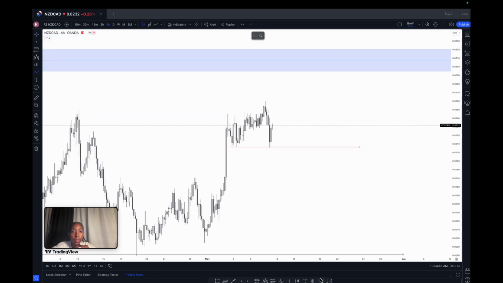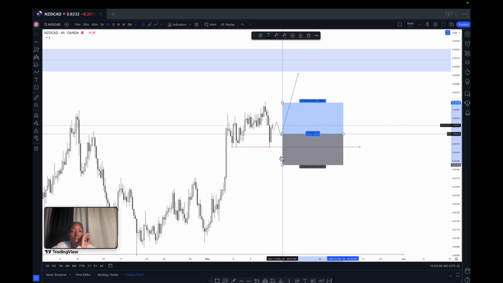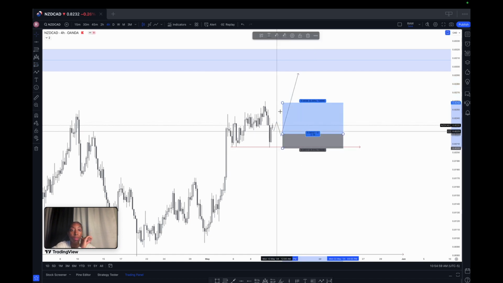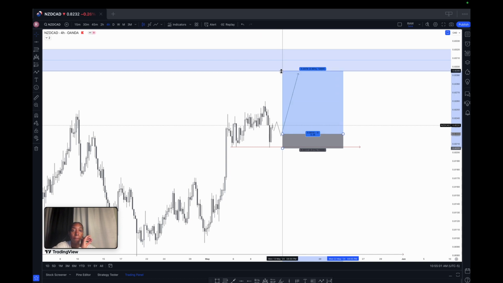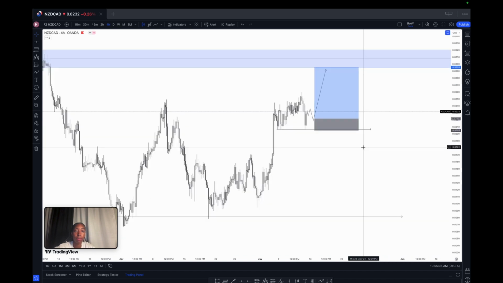So for this pair, we can have a small retest down and then a push. All you want to do, remember, is catch a setup, catch an execution for your setup, because that could be a play right there in itself.